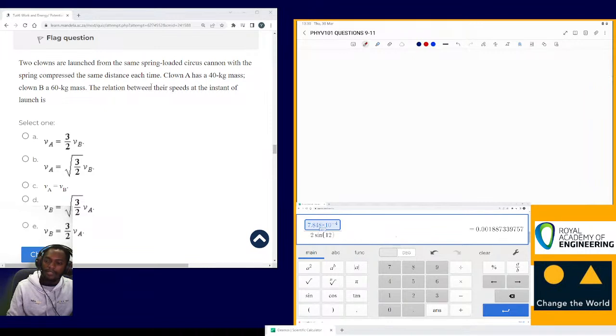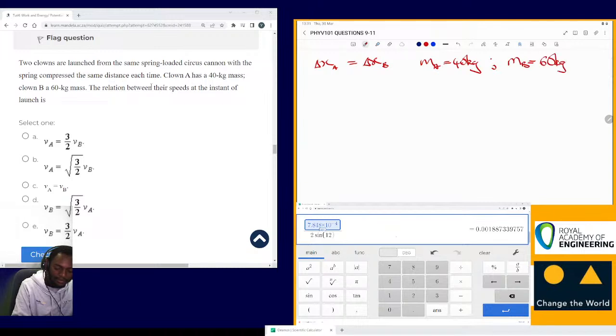So we're told that delta x for A is similar to delta x for B, and mass for A is equal to 40 kilograms, and the mass for B is equal to 60 kilograms. What else are we told?